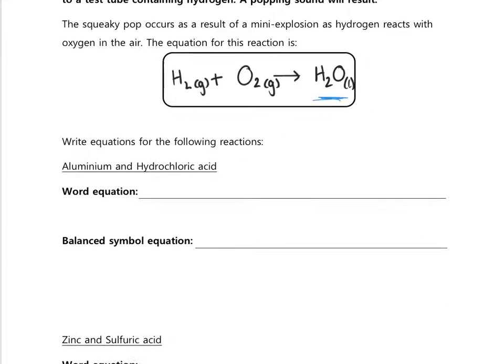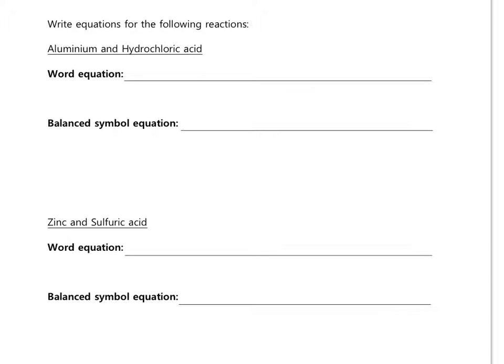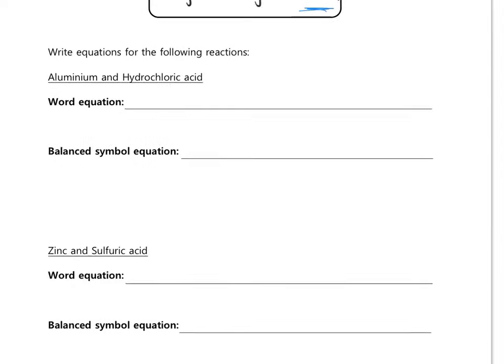Okay, so there are a couple of other examples of reactions of metals and acid that you should try writing equations for. First of all, you need to think about what the name of your salt is going to be and what other product you're going to produce, bearing in mind your general equation of metal plus acid gives you a salt plus hydrogen.